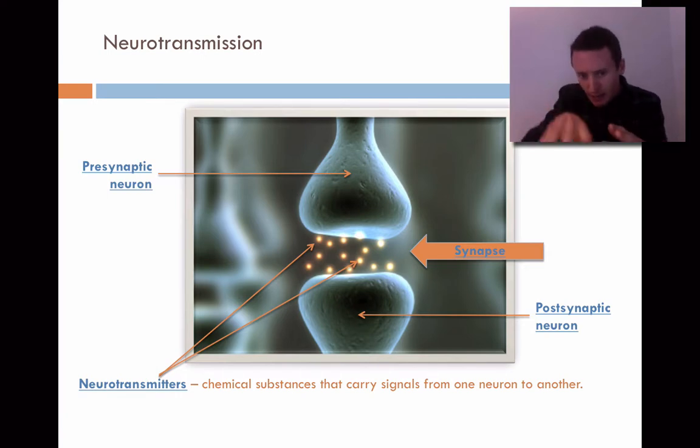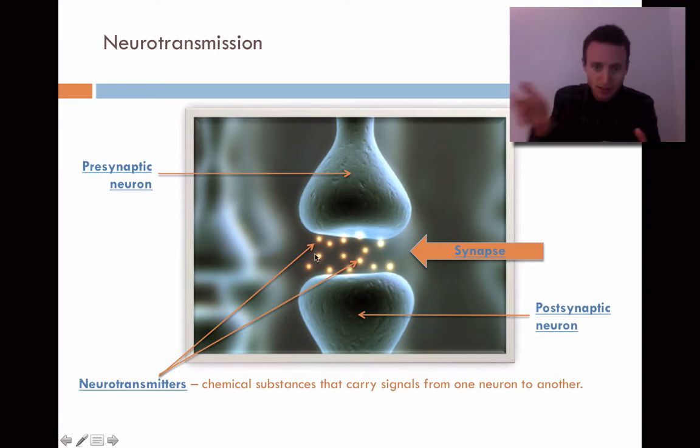And in this drawing, anyway, there are these small dots known as neurotransmitters. At least this is an artist rendering of neurotransmitters. So neurotransmitters are the chemical substances that allow information to be released from one neuron and absorbed by another neuron.